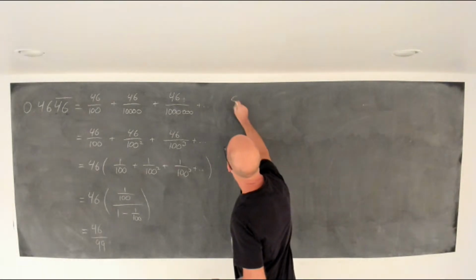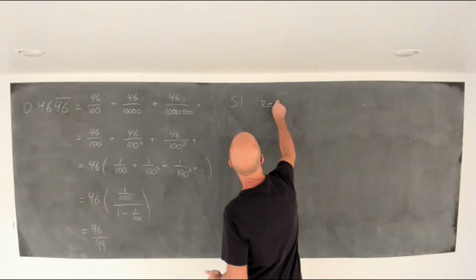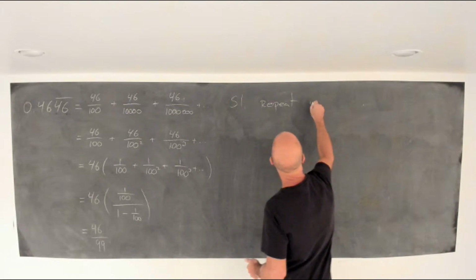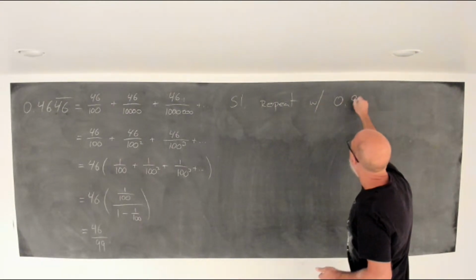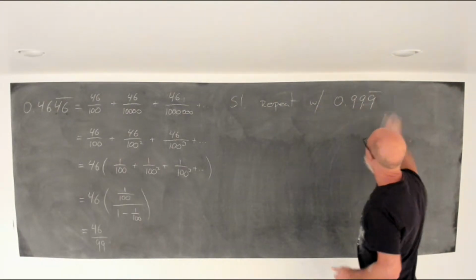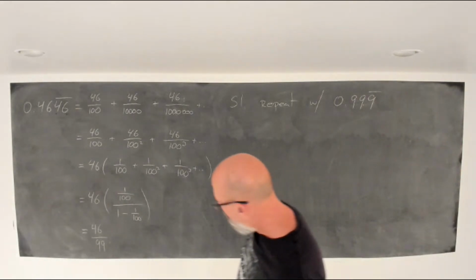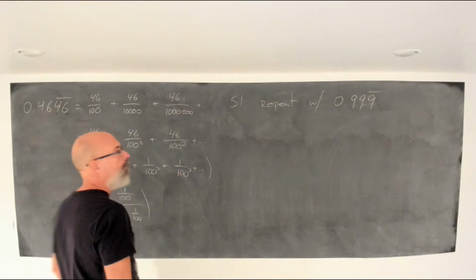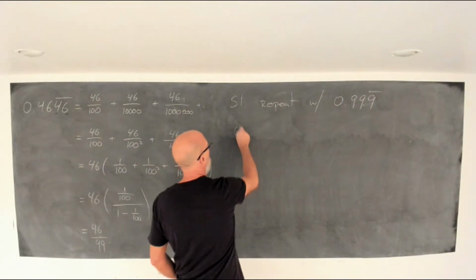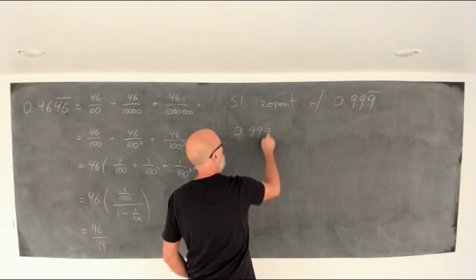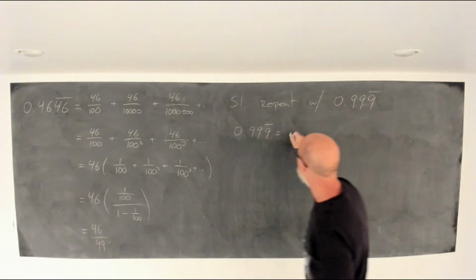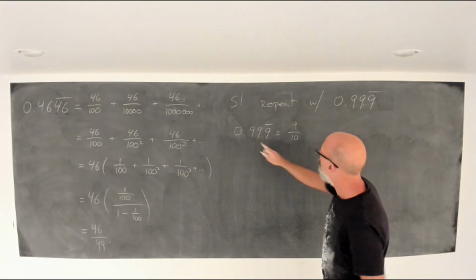Let's do another one. 51, the question is asking us to repeat with the number 0.99999, where the 9 repeats here. Right, so again, 0.999 with a repeating 9, this is 9 over 10, right?